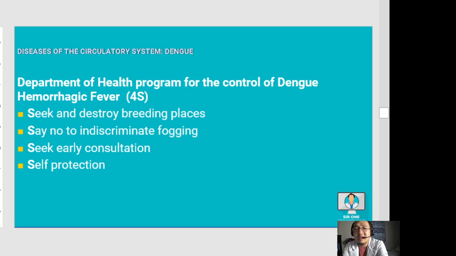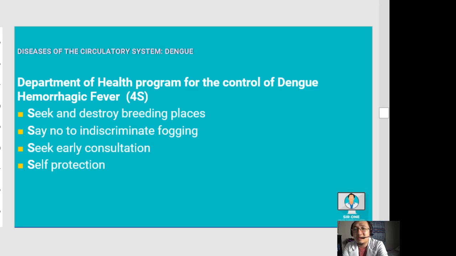The first S is seek and destroy breeding places. Usually, as I've presented, breeding places are those containers with stagnant water. Say no to indiscriminate fogging. Fogging to drive away the mosquitoes should be done with prior deliberation.